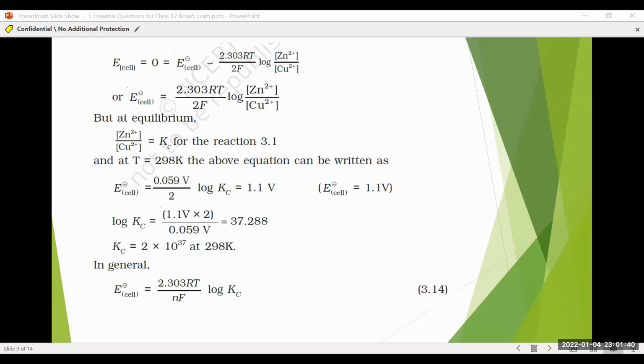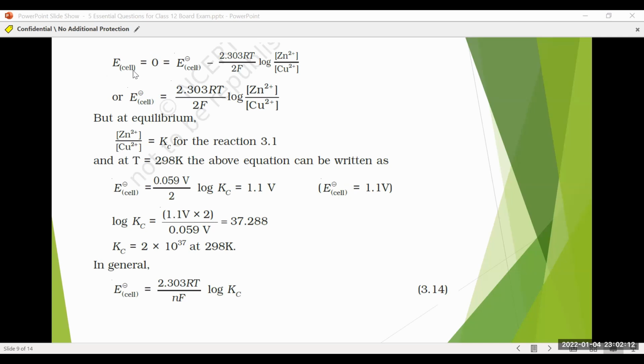So we have another application, the relation between equilibrium constant and your E cell. This is the second application. First was the calculation of E cell using the Nernst equation.